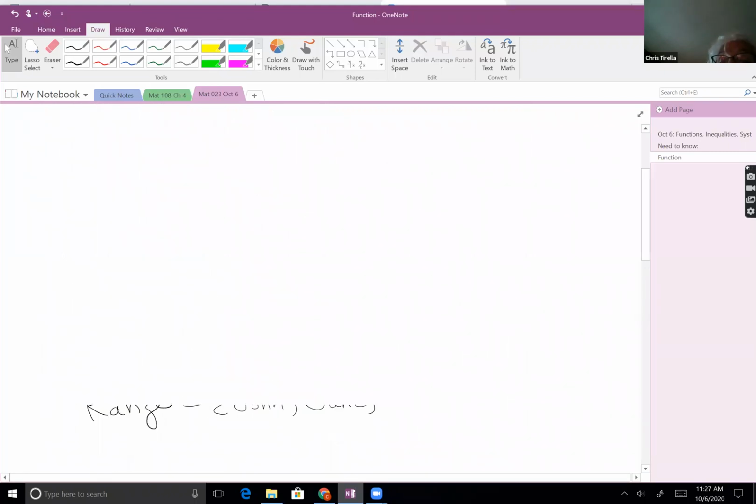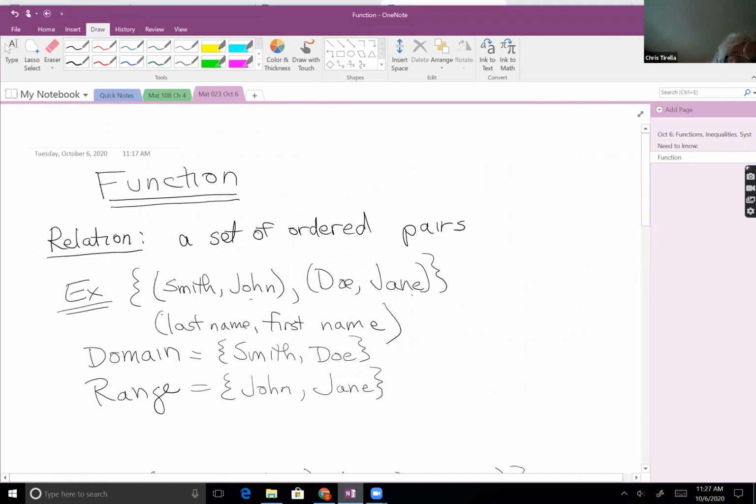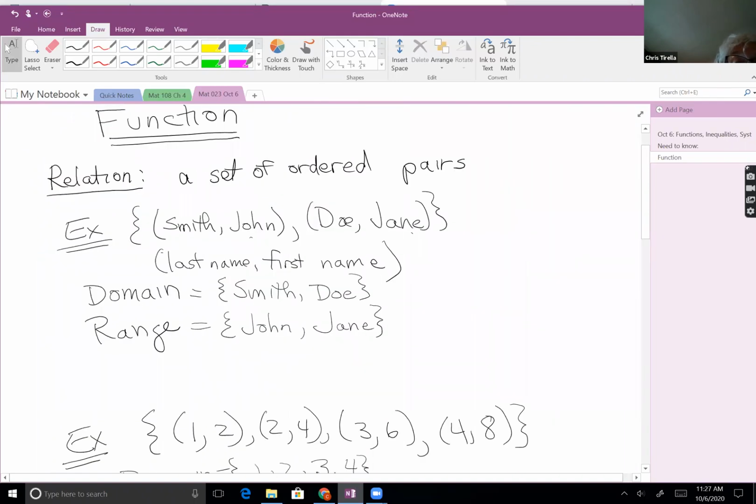If I go to the first one, this relation that pairs last names with first names, does each last name, each X value, appear only once? Yes. So this is a function.